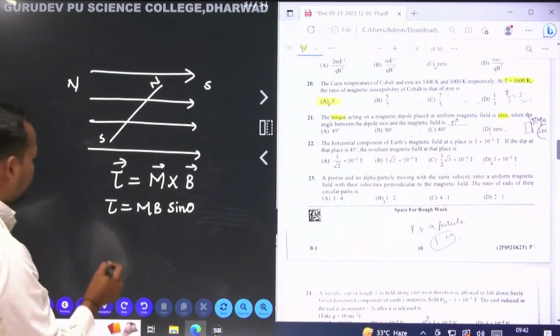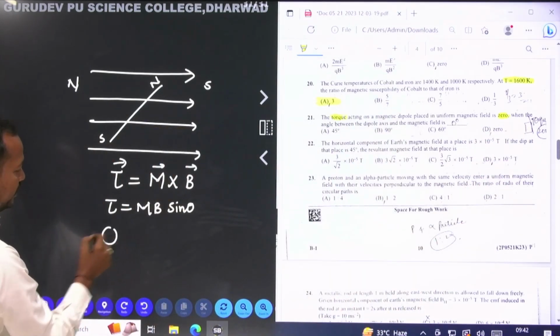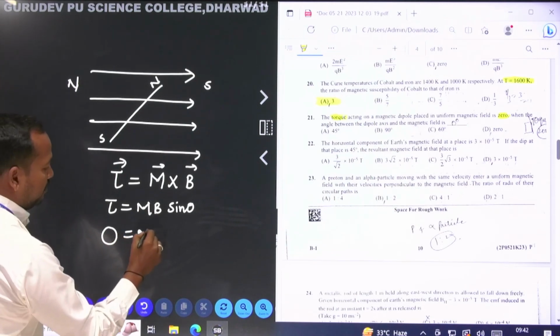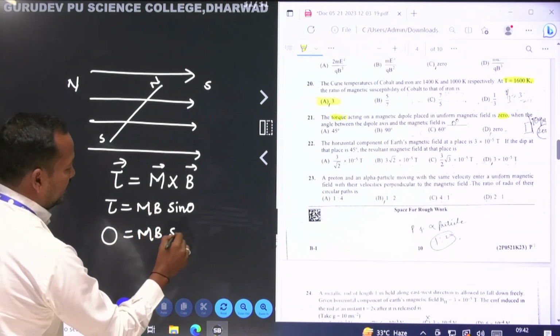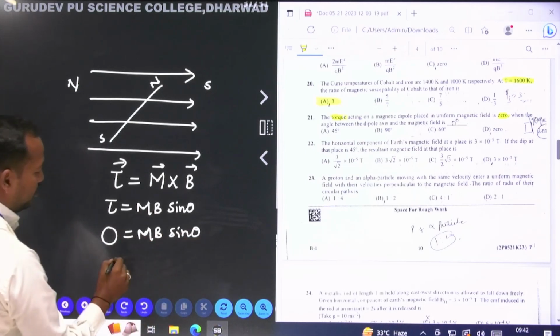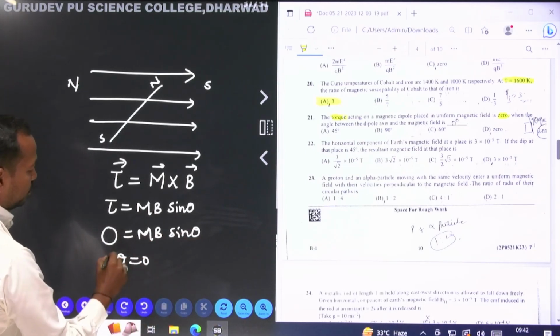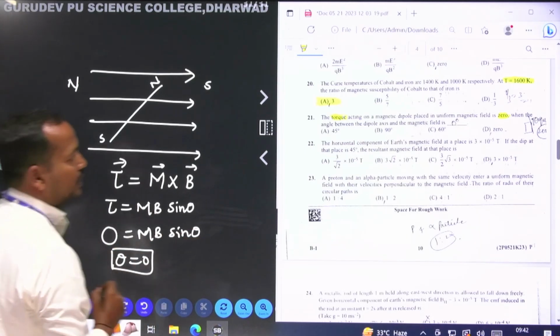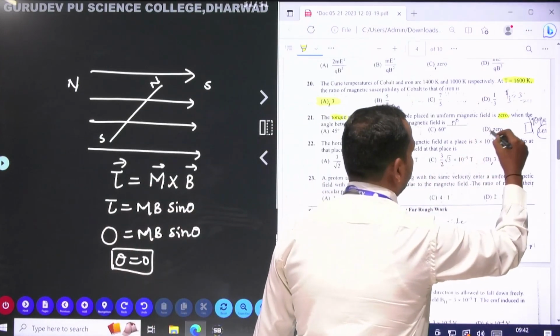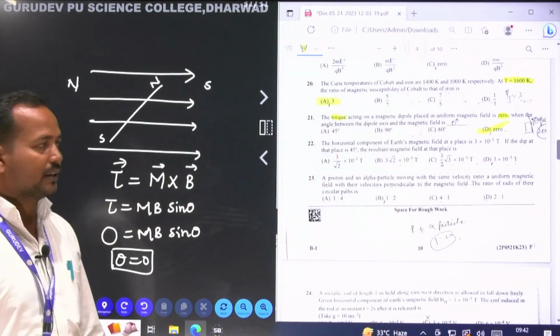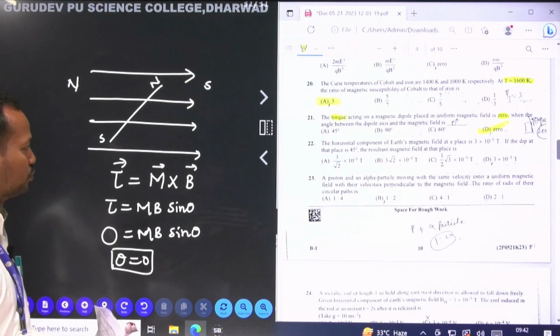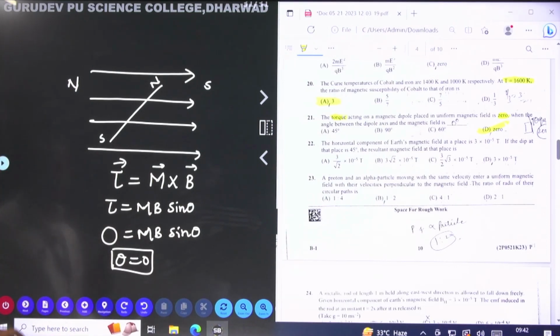So if I choose this torque as 0, MB sin theta is 0, therefore theta will also be 0. So our answer is theta is 0. The option is D. Now we will move to the next question, which is 22.